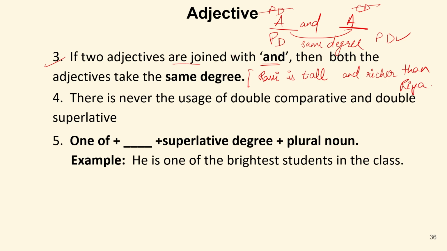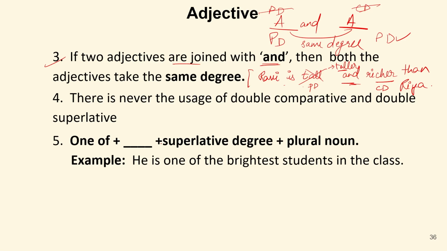Now in this sentence, we have used and. On one side is the comparative degree and on this side we have used the positive degree. So this is incorrect because we have to use the same degree of adjective on both sides. So tall should be replaced with the word taller. So the correct sentence will be: Ravi is taller and richer than Ria. Now the sentence will be correct.